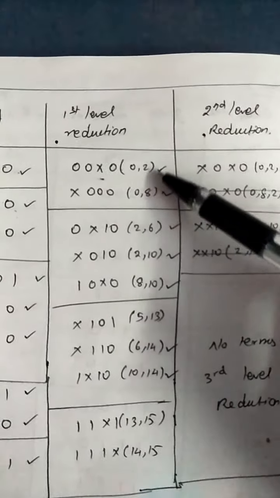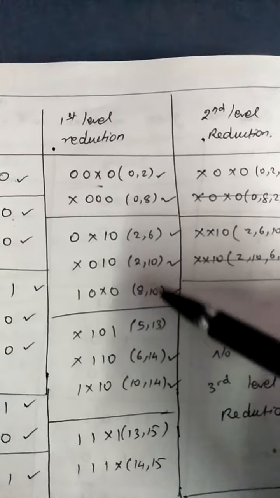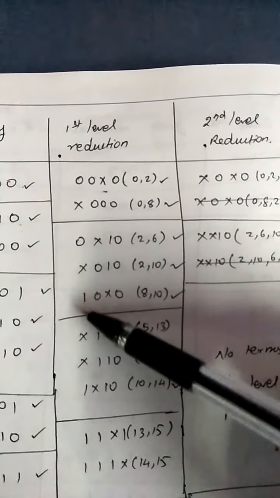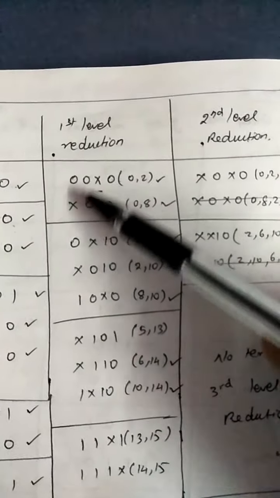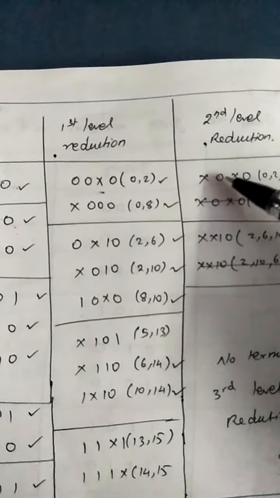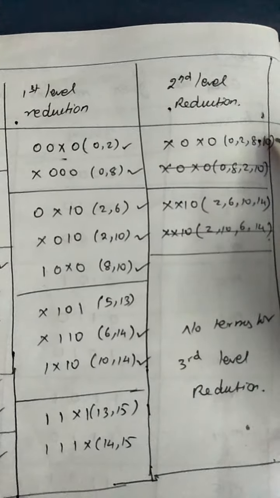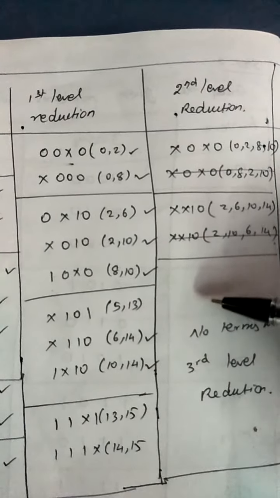While comparing 0, 2 and 8, 10, only the first bit position is changing. Here 0 is there, here 1 is there, and the remaining bits are the same. So we write x0x0, and also write the numbers compared. Now we get another 4 terms.